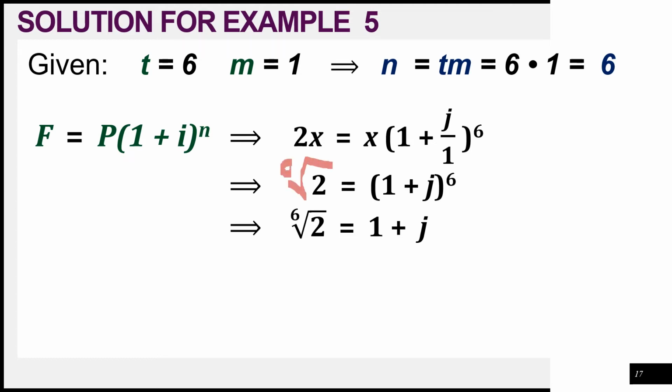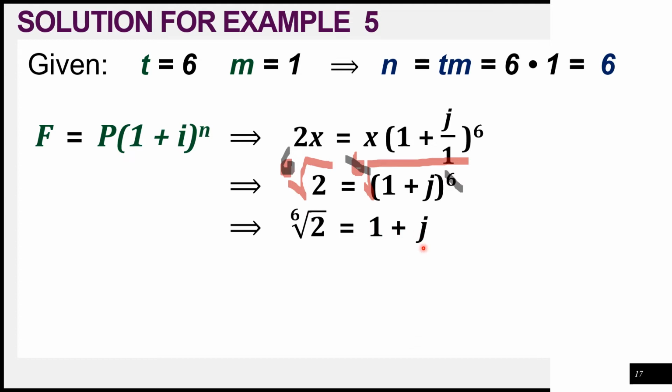This will be 6 right here, I just assume. And then we're also going to solve for the 6th root, and this is 6 right here. We will just have to cancel 6. That's why what's left is the 6th root of 2 equals 1 plus j.